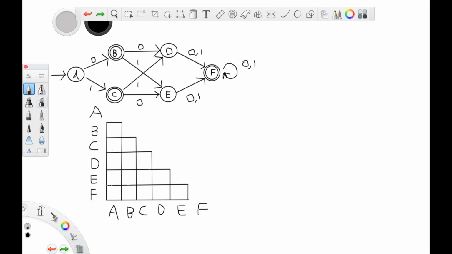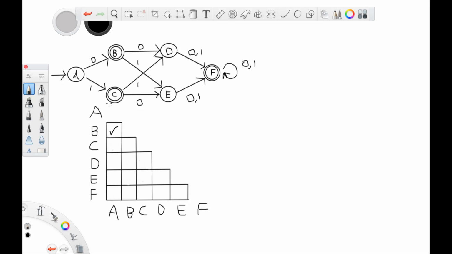To start with, what we need to do is go through this table and tick any pair of states where one state is a non-final state and one state is a final state. For instance, BA, well, B is a final state and A is a non-final state, so we need to tick this.